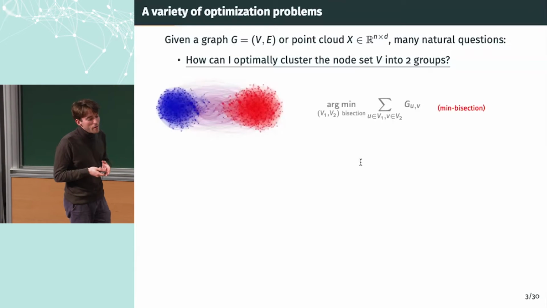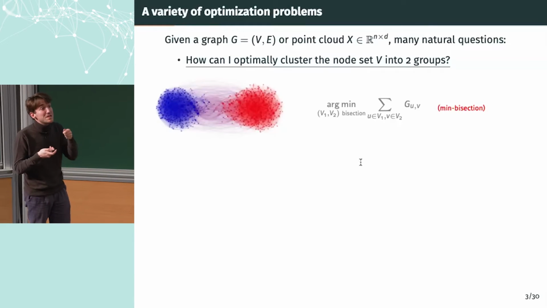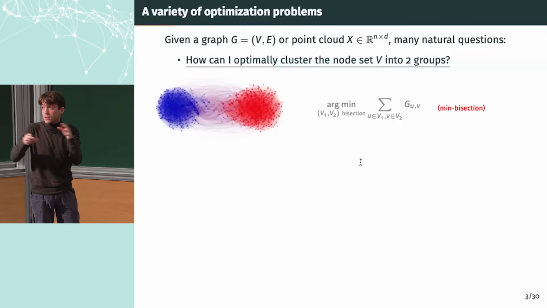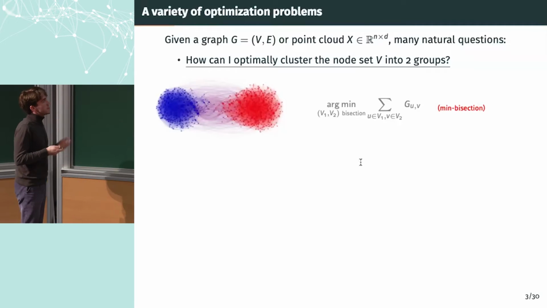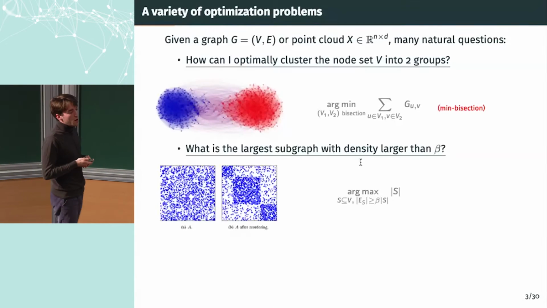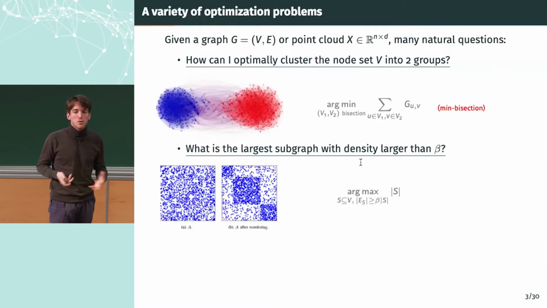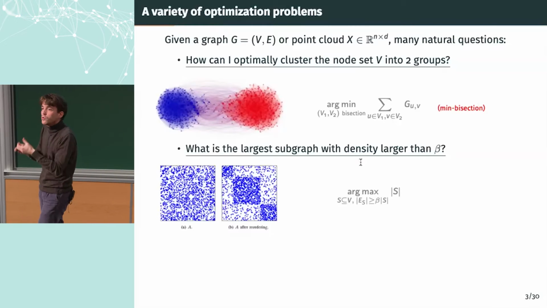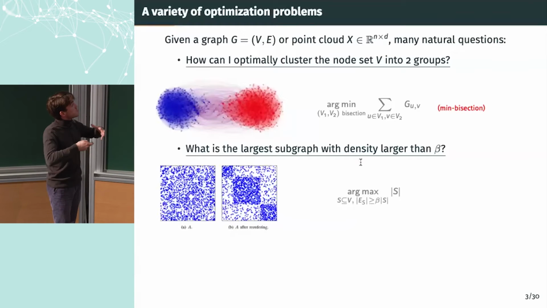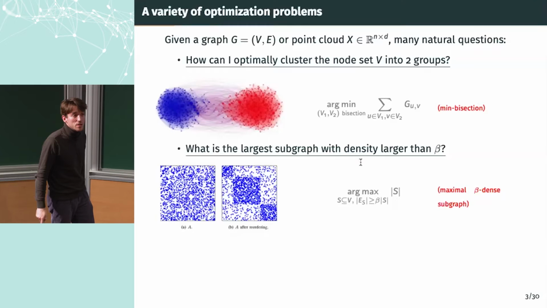I ask you for a bisection, a partition of the node set, such that there is a minimal number of edges crossing these two parts. That's the first one. Another one could be, I want to find some dense subgraphs in my data, maybe because I want to sum up my graph with a few nodes or something like that. So can I find a largest subgraph with a given density? This is another optimization problem.